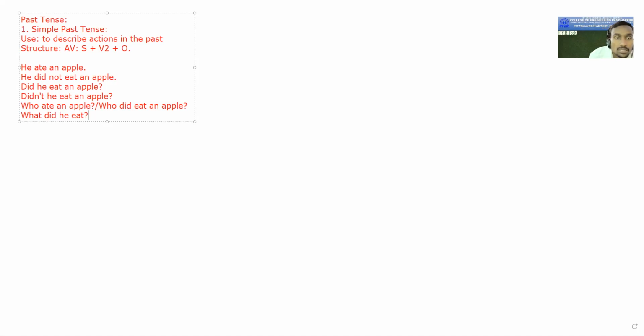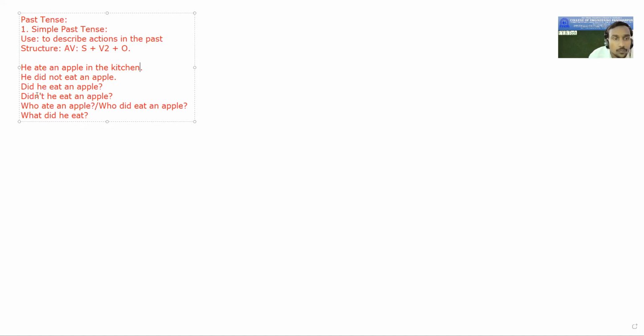Depending on additional information, for example, he ate an apple in the kitchen, if I add "in the kitchen", then you can use different words like "Where did he eat an apple?" There are a number of questions, because WH words are so many: who, why, when, how much. Accordingly, you can try to make WH questions also.